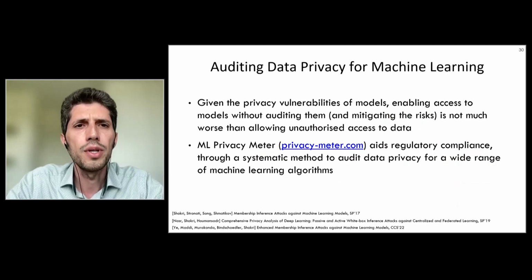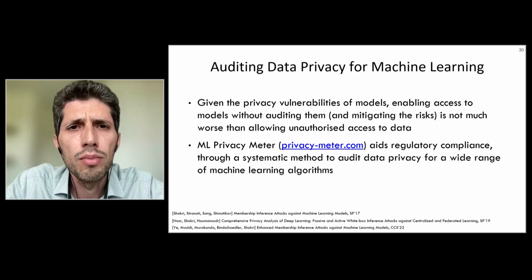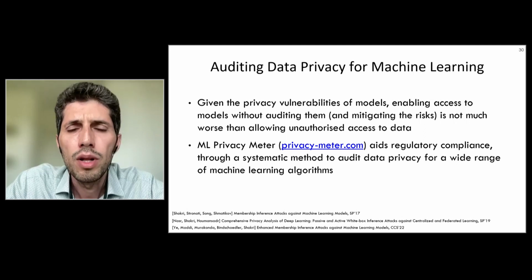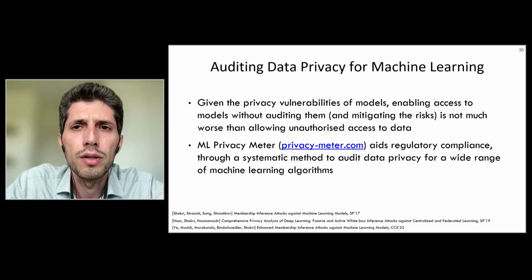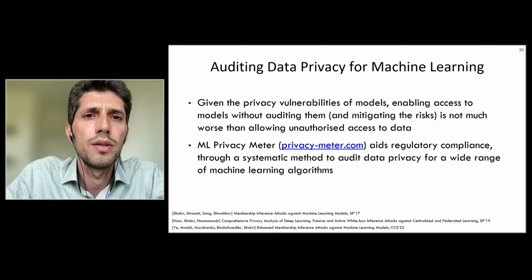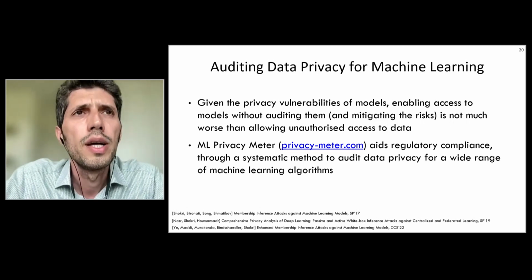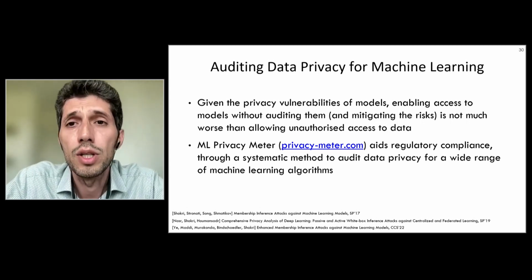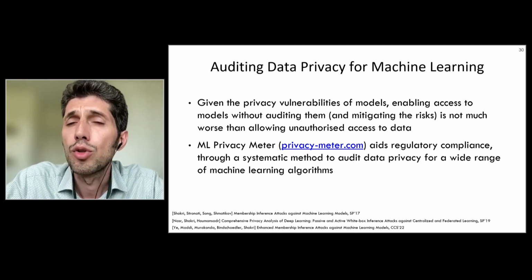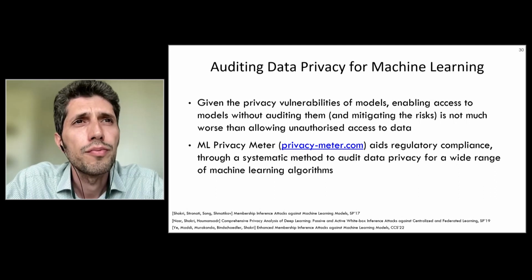So I want to wrap up here, basically by highlighting again that allowing access to models trained on sensitive and personal data is not much worse in terms of the privacy risk than allowing access to the data which would be used as training data for those models.